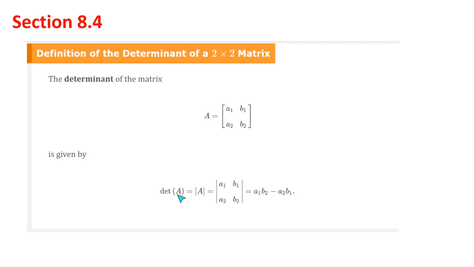So if you see this or this, they're asking for the determinant. And then notice that instead of brackets, we're writing these vertical lines. And so all we're doing is multiplying A1 times B2 and then subtracting it from A2 times B1. And that's your determinant.